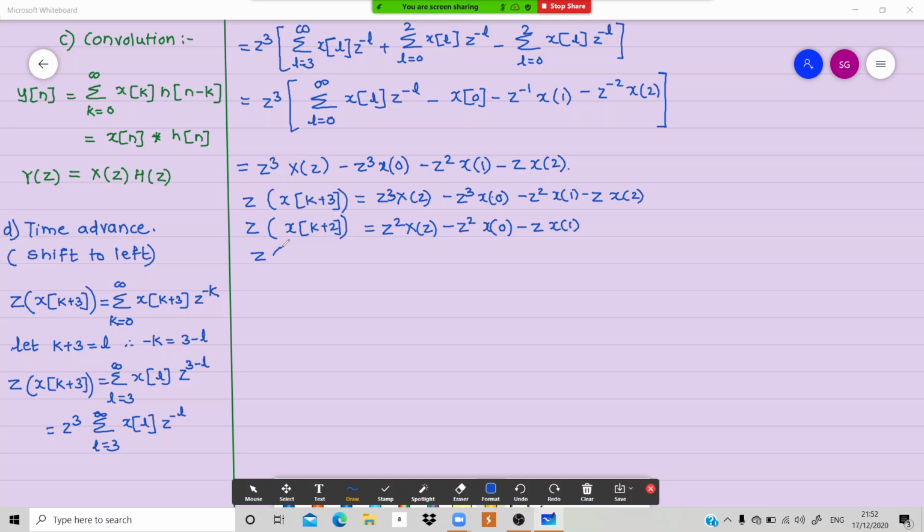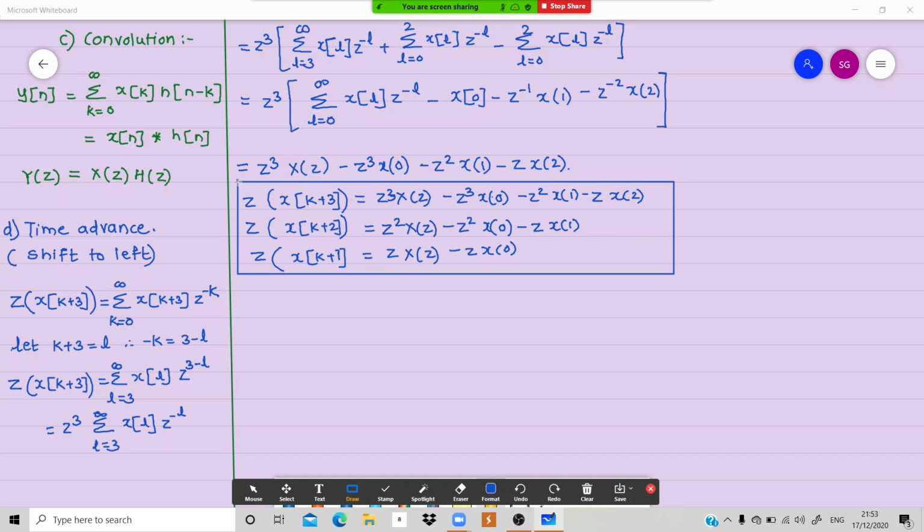If you are shifting just by 1, then you will write z X(z) minus z x0. Done. So this is about shifting on the left hand side. Okay, so we'll try to complete two, three more properties and then we'll stop, right?